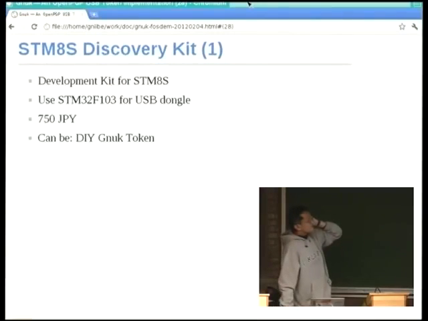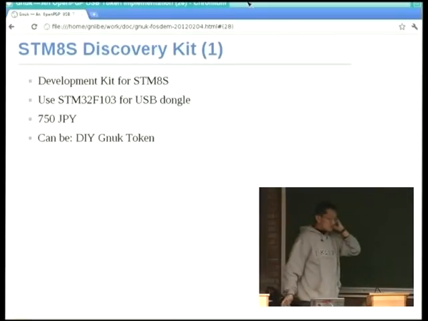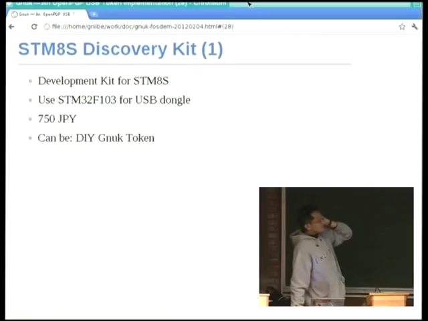And here I explain the STM8S Discovery kit. As I said, it is an educational purpose kit by ST Microelectronics, and it is very cheap. We can buy it for 750 JPY. It means less than 8 euro.